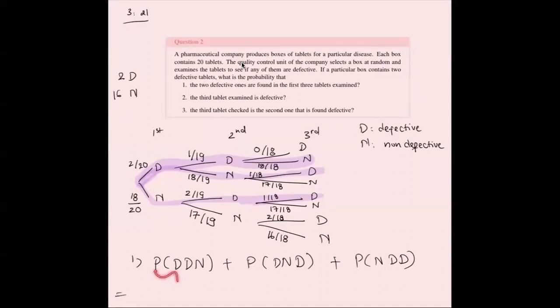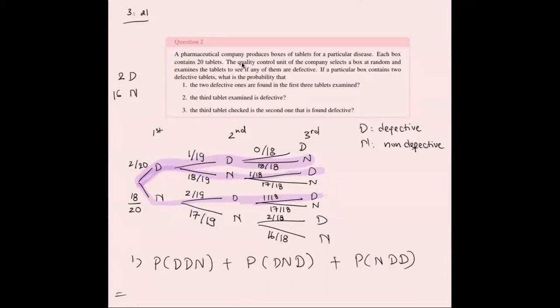For each of the numbers here, what you will do is look at each path, D, D, and N. You will calculate each number here and multiply them together.